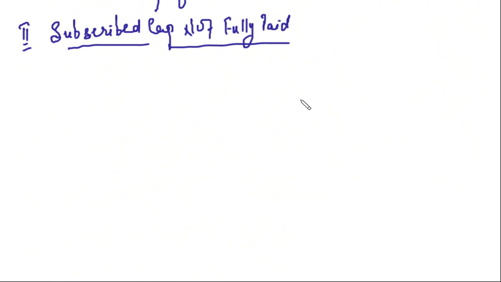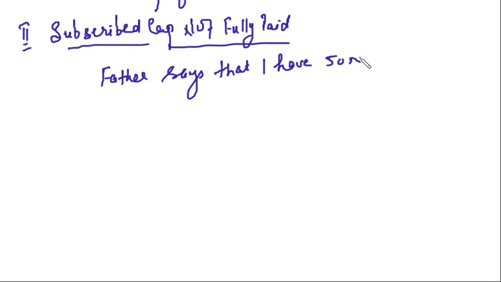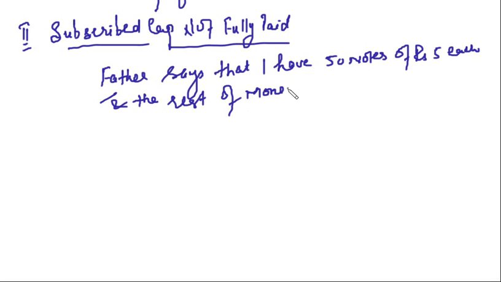Right now, what your father does is, he says that he has 50 notes of rupees 5 each, and the rest of the money you take in the evening.